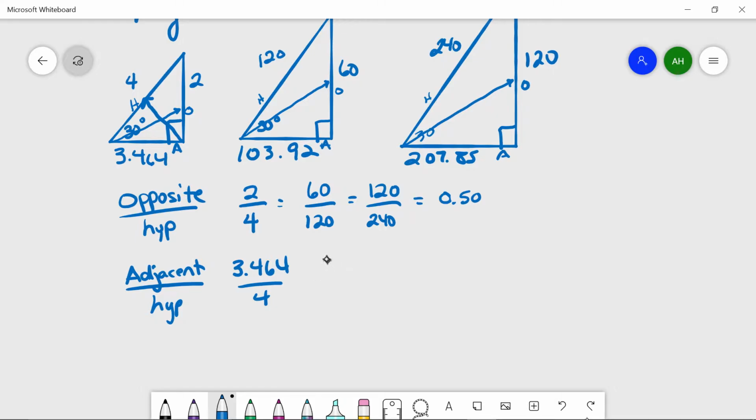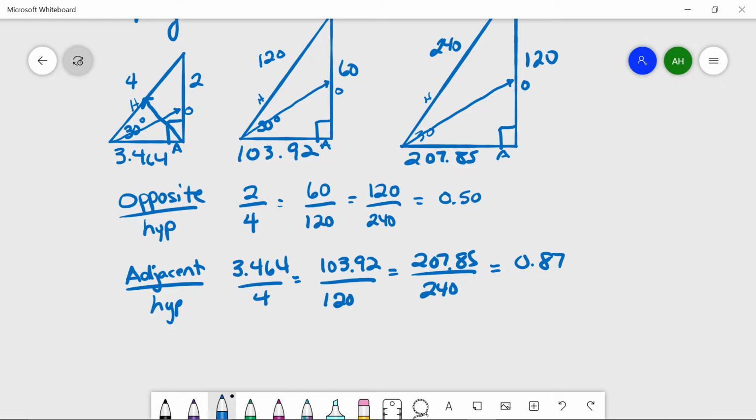My other one is 103.92 divided by 120. And my final one is 207.85 divided by 240. Well, if you divide those, you're going to find that all three of those problems come out to 0.87. So those are all consistent.